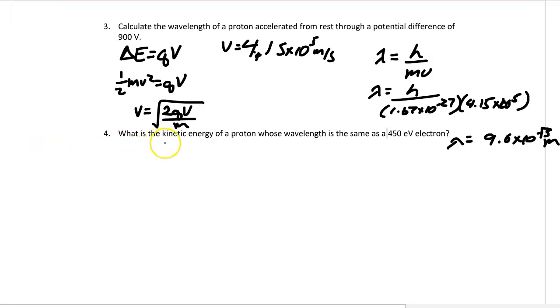Okay, what is the kinetic energy of a proton whose wavelength is the same as a 450 electron volt electron? Well, let's first of all move that 450 electron volts, and let's turn that into joules.